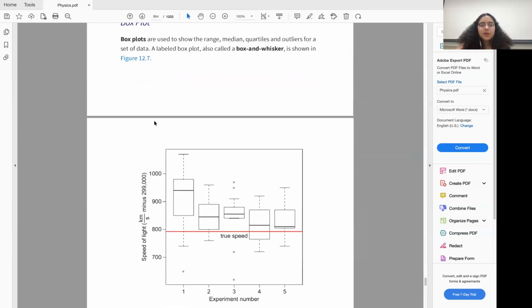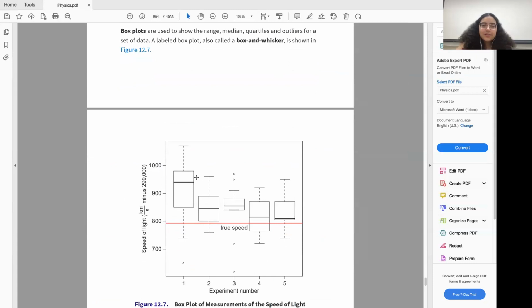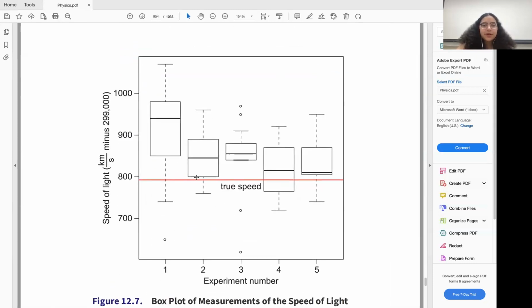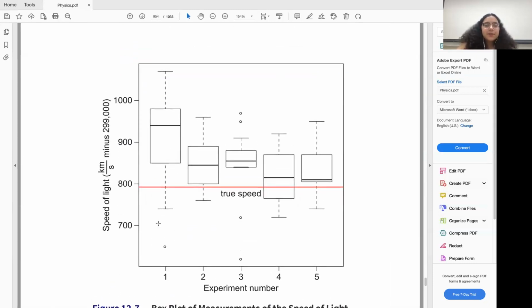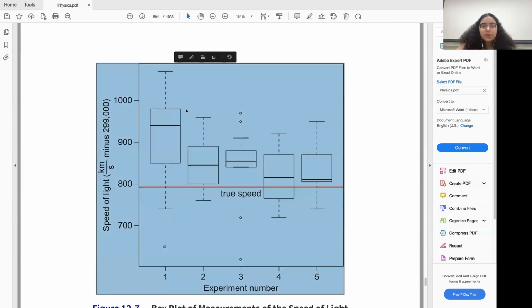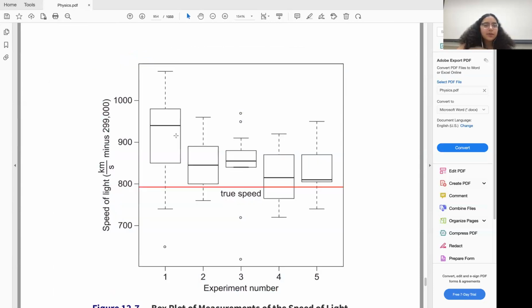Box plot is one you might get, and it's maybe rarer to see. So box plot plots the median and then the first quartile and third quartile levels, as well as the entire range. So the box itself is like the Q1, Q2, Q3.